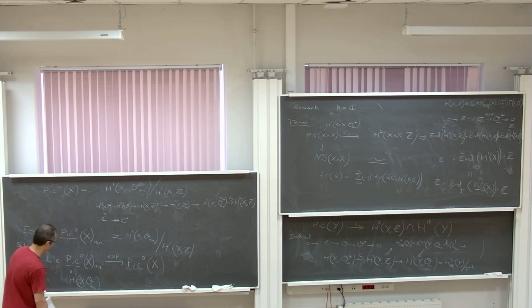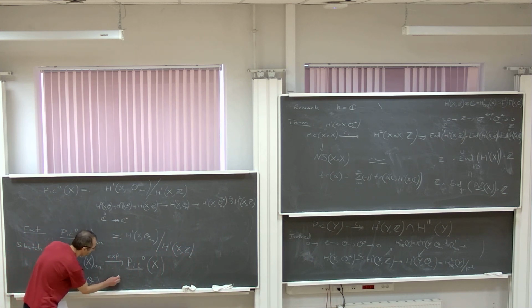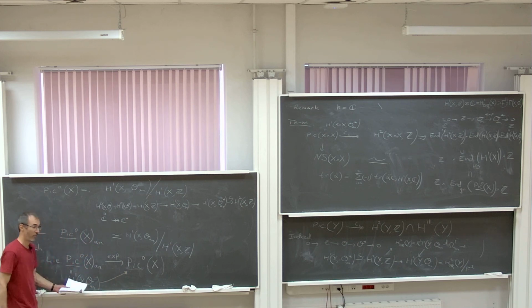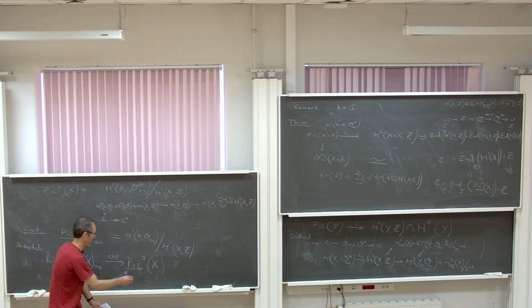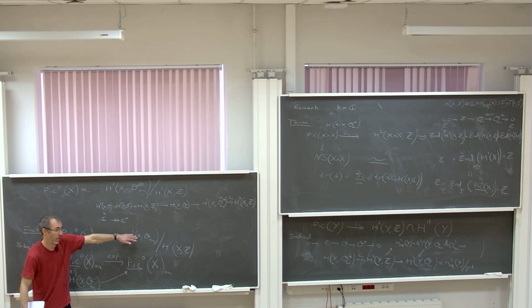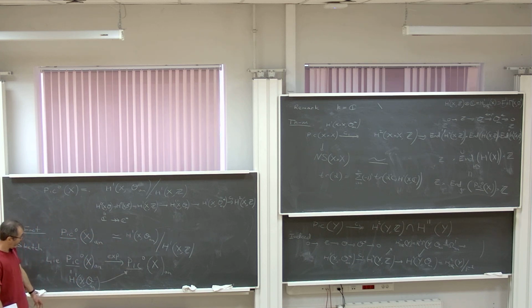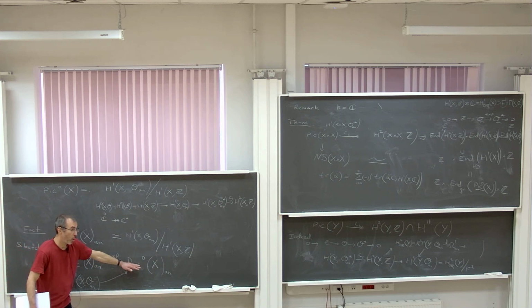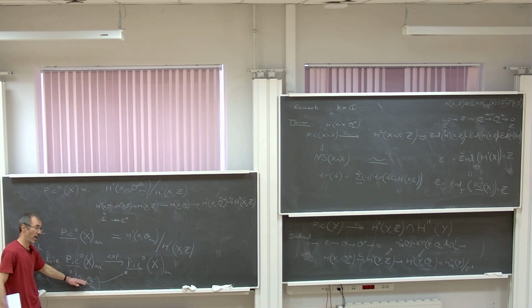So therefore, we get a homomorphism from a vector space to this scheme, right? So this vector space appears here, so that means that this is a quotient of this guy by a lattice.